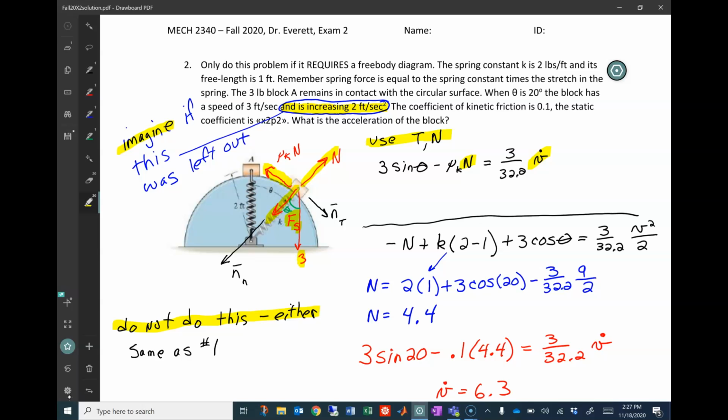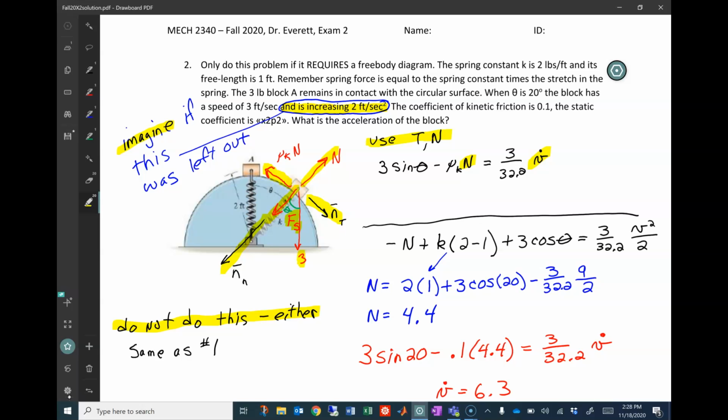Now that you've decided what direction, you need to determine where the arrows are for tangent normal. Here's the arrow for tangent. Here's the arrow for the normal. I just moved it down a little bit to keep it away from the others. The black arrows are the directions. They're not forces. Now all you have to do is sum the forces in the tangent direction.